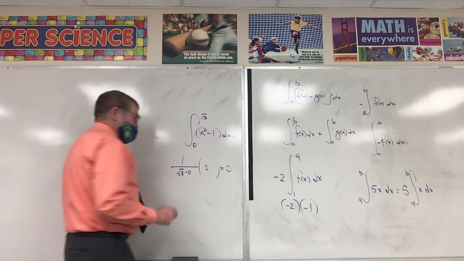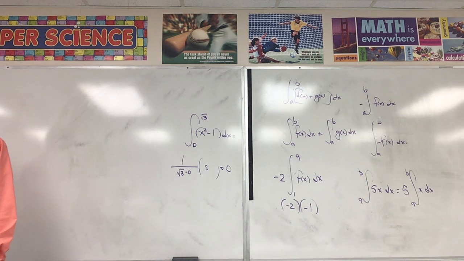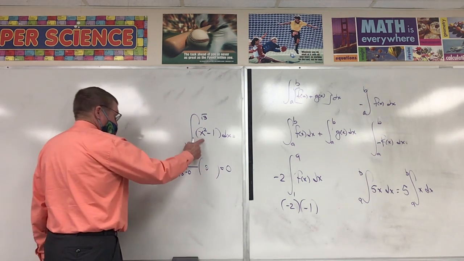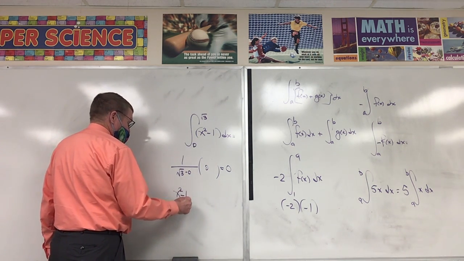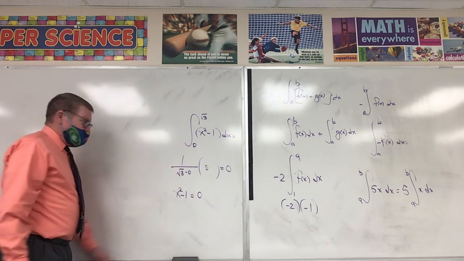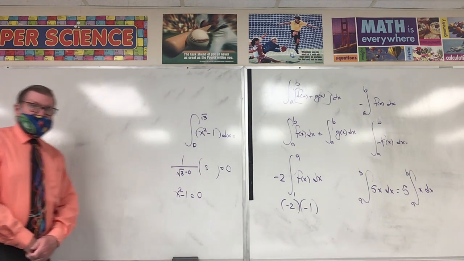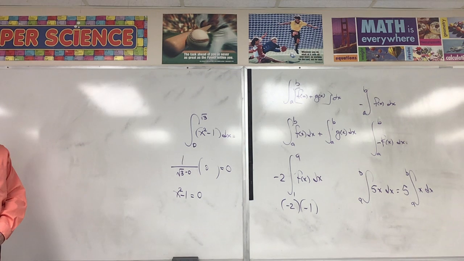So let's say, at what point does this function equal the mean value? We're going to take our function, set it equal to the mean value, and solve for x.